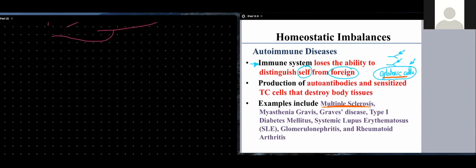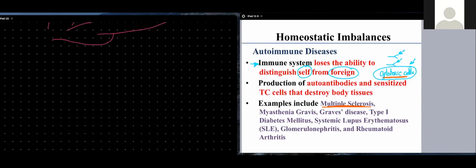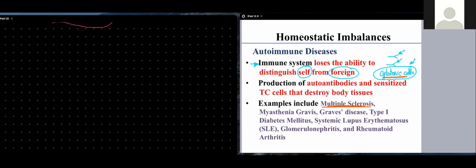Systemic lupus erythematosus. This is a systemic disease. What I mean by systemic, it's going to be affecting multiple organ systems. It's going to be affecting the kidneys, affecting the skin. One of the most common manifestations of systemic lupus erythematosus is this butterfly-shaped rash on the face.